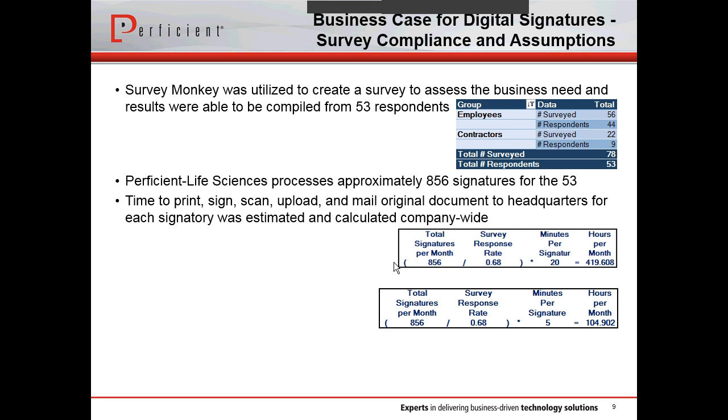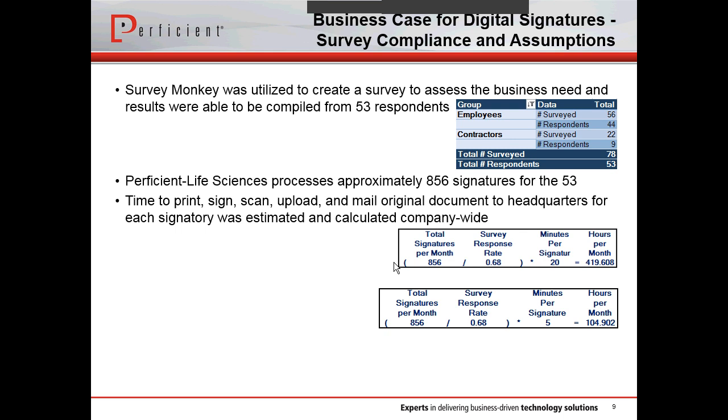We often have multiple signatories on a document, so this metric is for just a single signature. We're assuming it's taking about 20 minutes per signature, maybe less, maybe more, depending on various factors, where people live, how the technology is working, those kinds of things. But we factored it all out and determined that we're spending about 420 hours a month simply signing documents and getting paper, routing paper to the right place, and then scanning, these kinds of things.